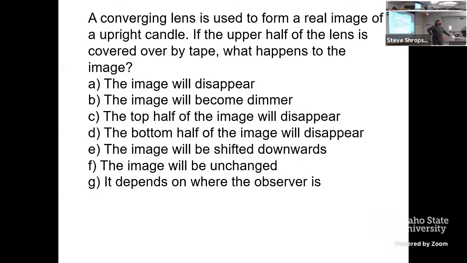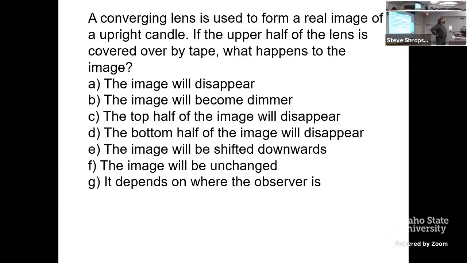I'm not sure if that's right, but with the image flipped, if you covered the top, it would actually be covering what appears as the bottom. Okay, so what we have here is the image we're getting, the real image, is inverted. It is upside down compared to the source. That arrow is pointing down instead of up. And so because of that reversal, you're saying that by blocking the top half of the lens, we should block the bottom half of the image.